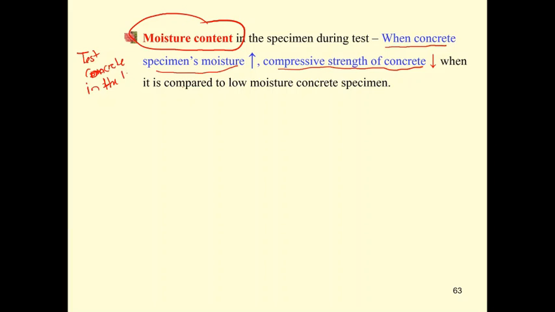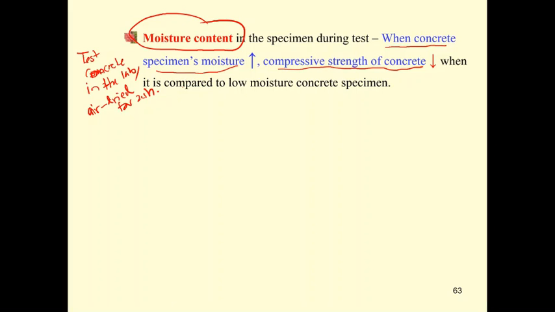In the lab, they require you to take the specimen out of the 28-day curing, and you put it for air drying for at least 24 hours before you test.